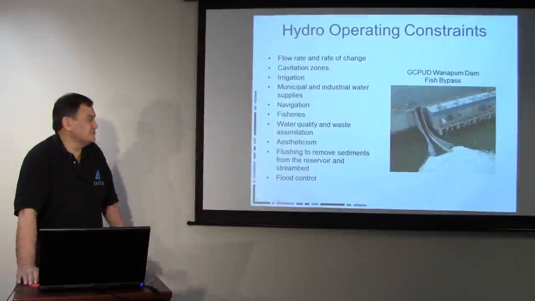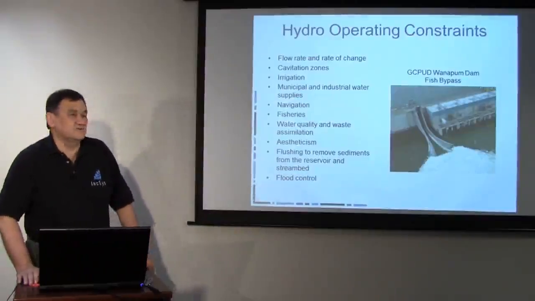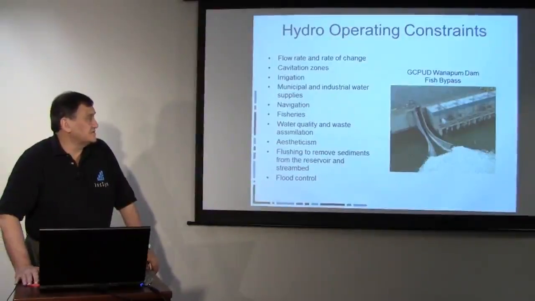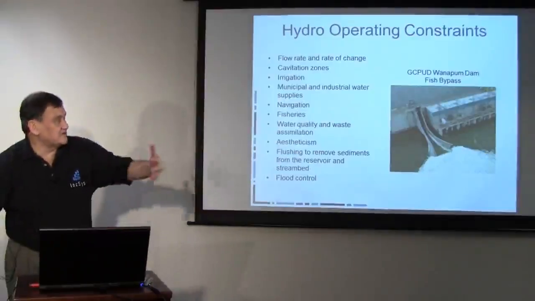Just the beauty of parks and the fact that if the water is released too quickly, it can cause eroding effects is a major issue. And at certain times, you may have to flush the sediments from the reservoirs, and so you may actually spill water to get that increased flow. And then flood control obviously is a huge part of this, making sure that the downstream flows are not so great.